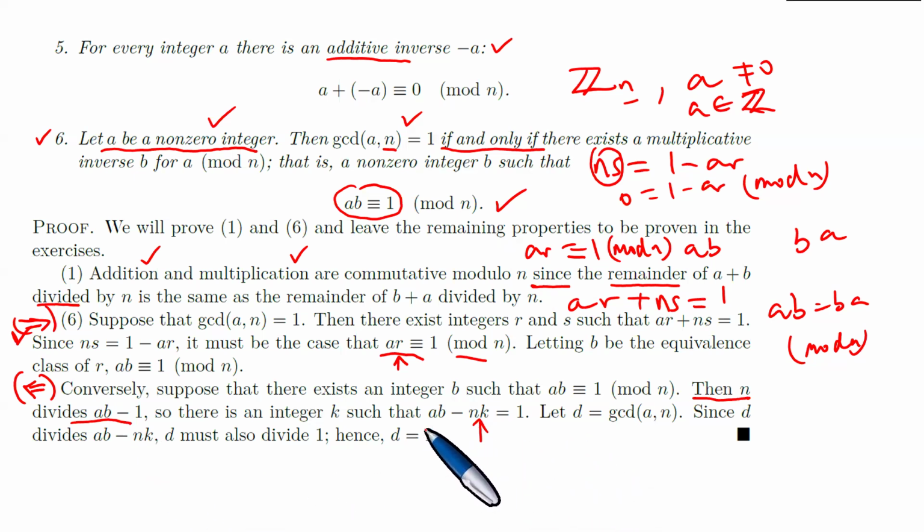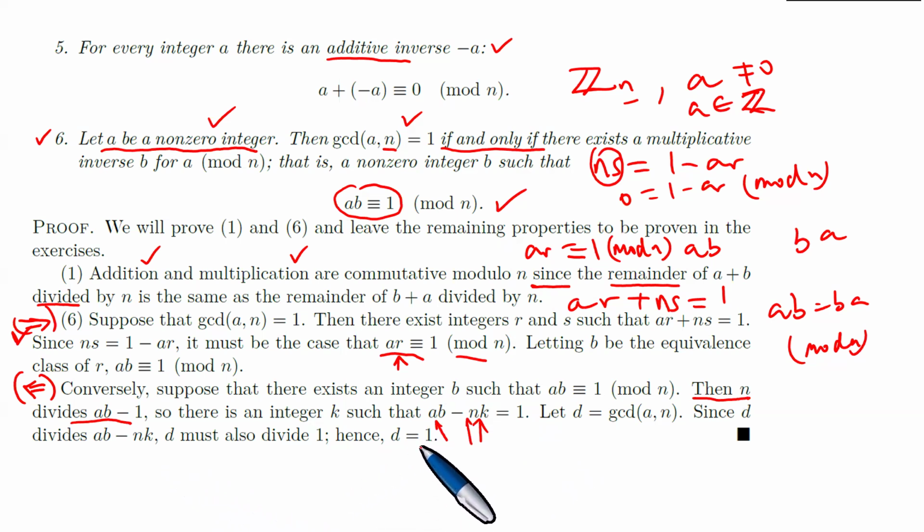Let the greatest common divisor of A and N be d. Since d must divide AB minus nk, d must also divide 1, because they're equal to each other.